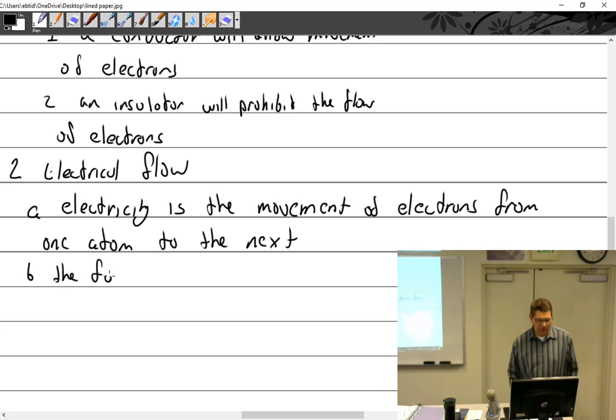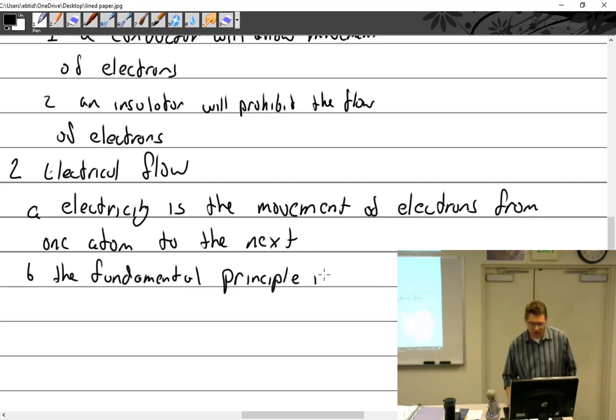The fundamental principle is attraction and repulsion.